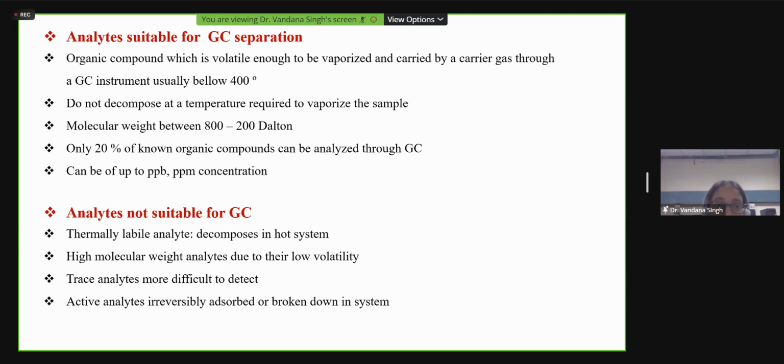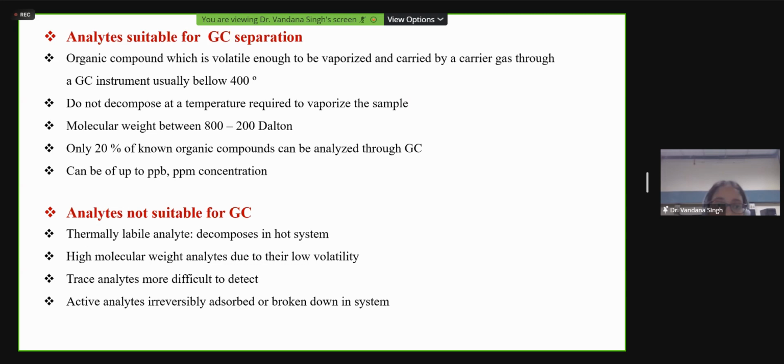Actually, the sample is loaded from this region where the micro syringe is generally passed through this rubber septum, like this they pierce this septum, and the samples are loaded in this chamber, and then if we are using the split injector, then only part of the sample is loaded and the rest of this is moved out to the atmosphere.